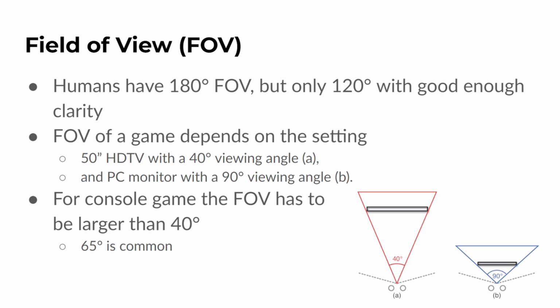So 65 is common for console games, and of course for games on the PC, it has to be larger. You can easily see that if you have 65 degrees and cannot change it in a PC game that has the original version on console because of the PC port, then this is very annoying. It's a very cheap port because then you have the feeling that you only see part of the world. And it doesn't really help if you go back because then everything just gets smaller.